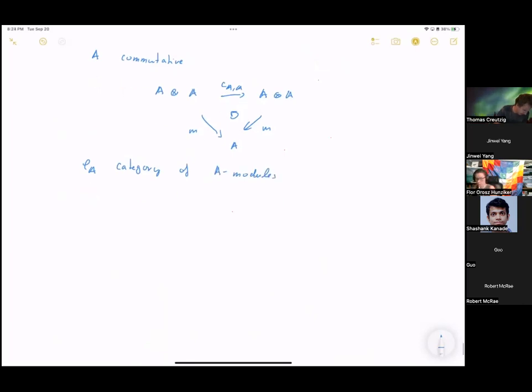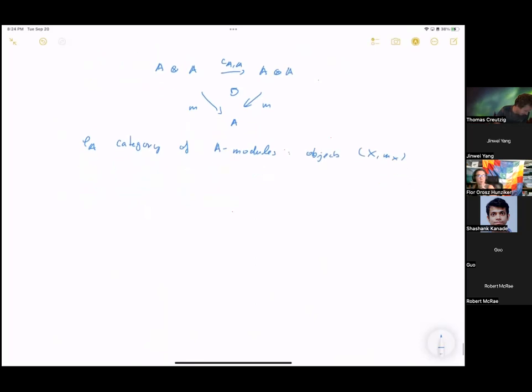So what could this possibly be? The objects, we don't really have a choice, but what can they be? They must be pairs where X is an object in our original category, but it must be an object that has a natural action of the algebra, right? You want it to be an A module.